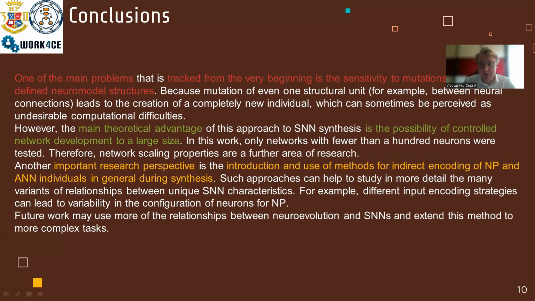In conclusion, something like a summary of our work, I must say that working with spiking neural networks is a very interesting investigation for us, because this is a really interesting architecture and topology.